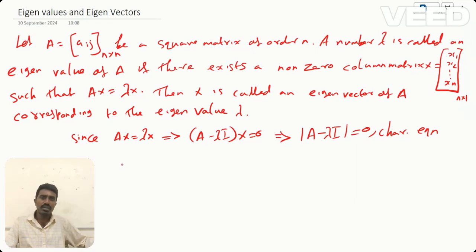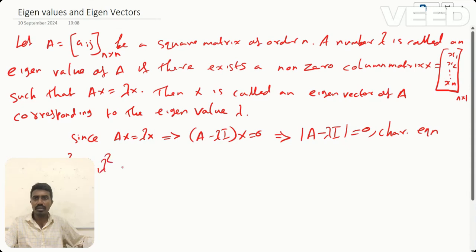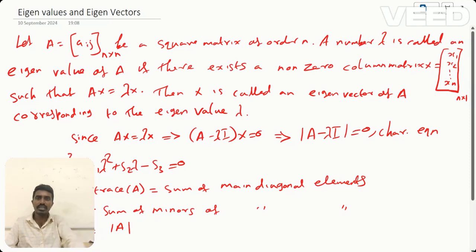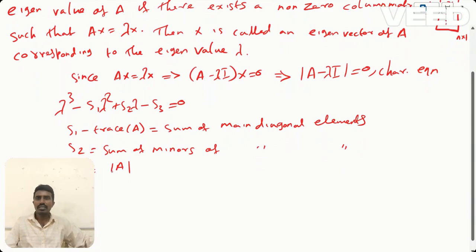There is another formula for finding the characteristic equation, which is lambda cube minus s1 lambda square plus s2 lambda minus s3 equal to 0, where s1 is the trace of the matrix, that is the sum of main diagonal elements, s2 is the sum of minors of main diagonal elements, and s3 is the determinant of A. If you consider a 3 by 3 matrix, this is the characteristic equation.